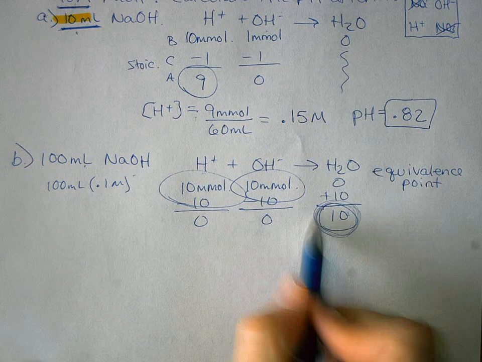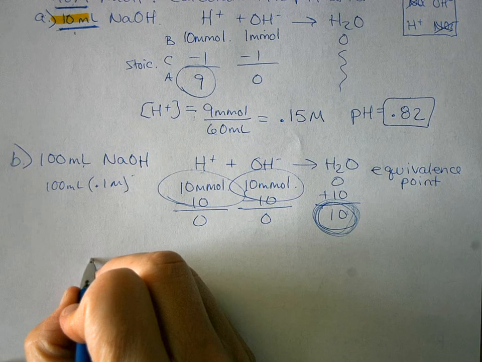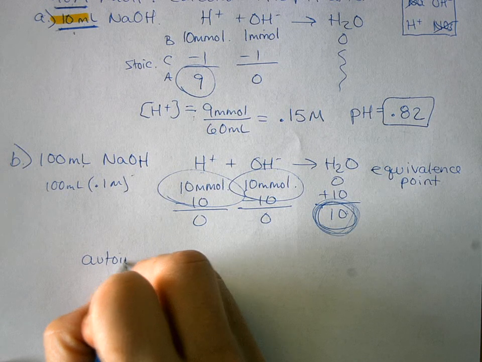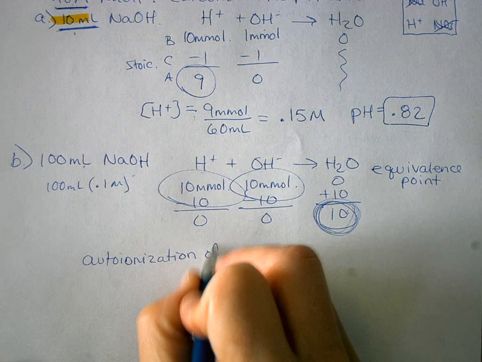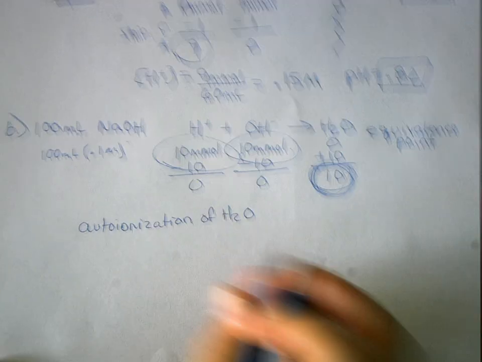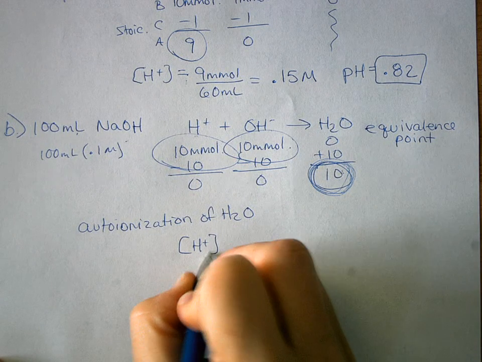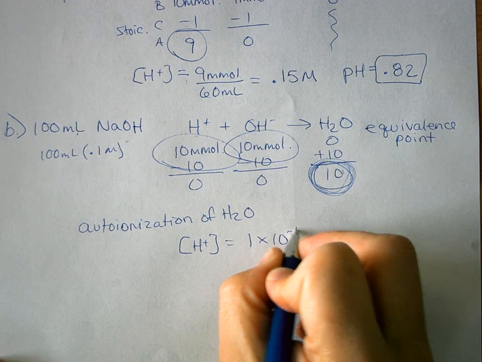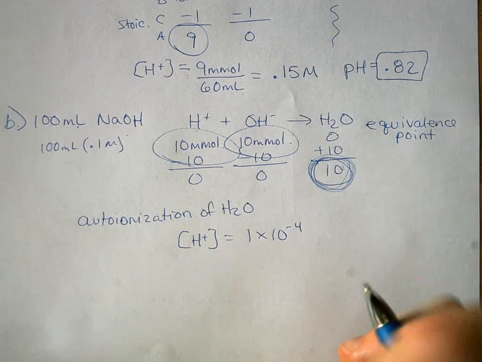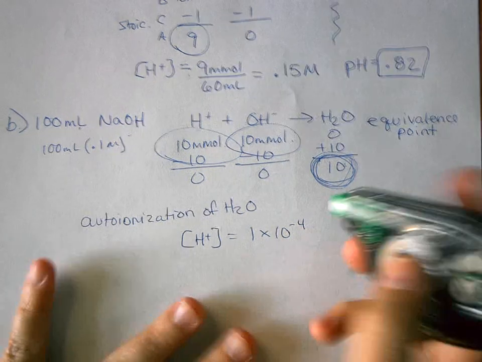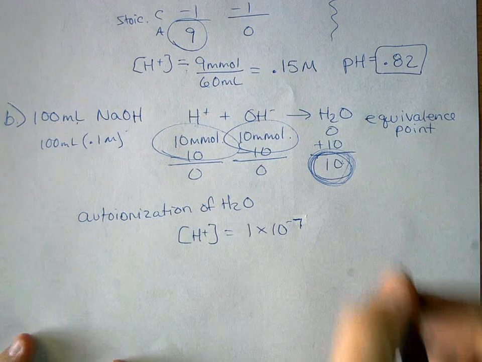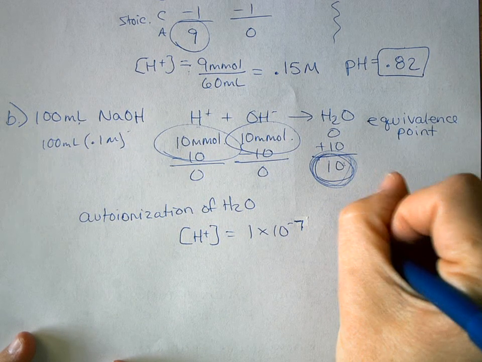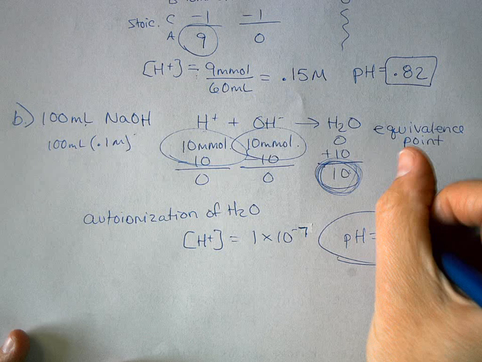And I know because of the autoionization of water that water has a concentration of hydrogen ions of 1 times 10 to the negative 7. So then that gives me a pH of 7, which we know to be the neutral pH.